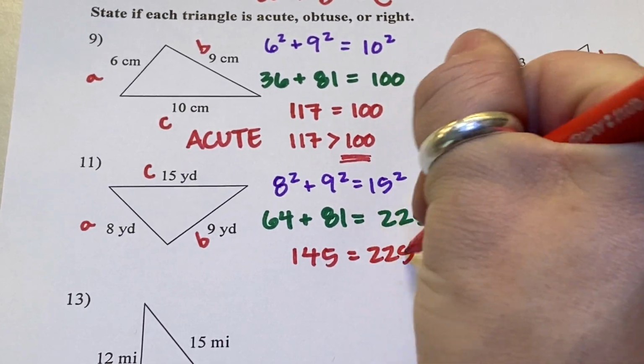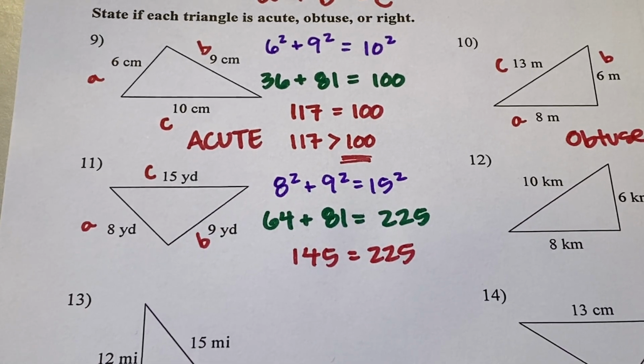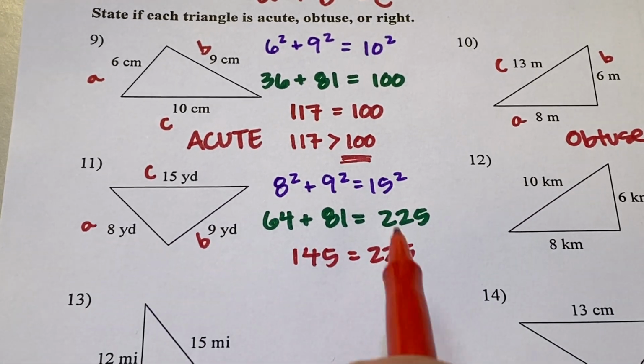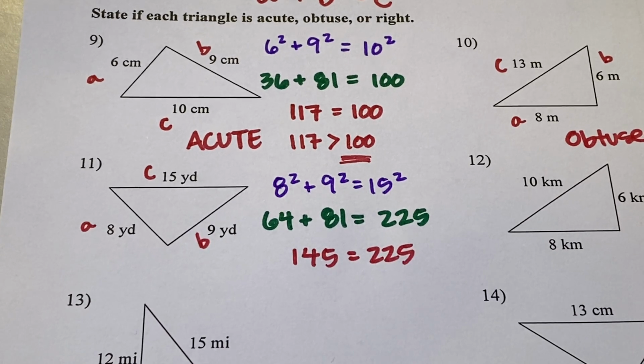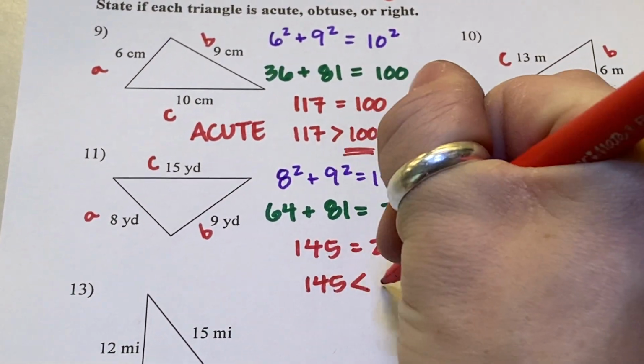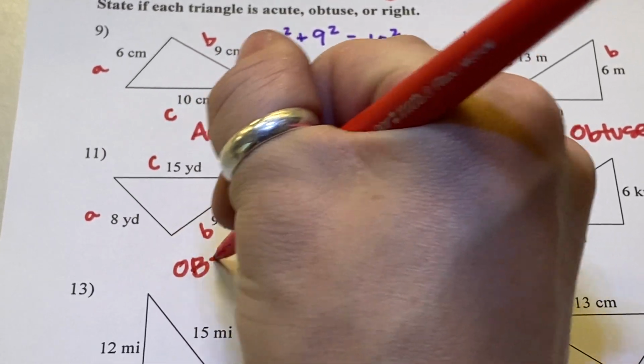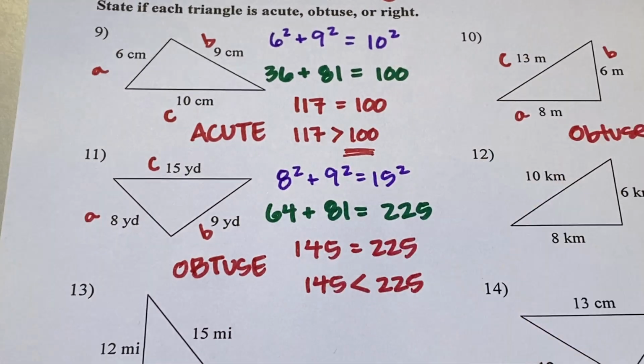Okay. 145 definitely does not equal 225. But tell me, is this an acute triangle where C was less than? Or is it an obtuse where C was bigger than? Carl? Obtuse. C was bigger than. Okay. So this guy, our C was greater than, which means this guy is an obtuse triangle.